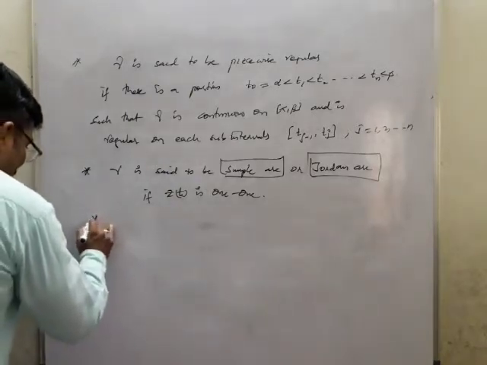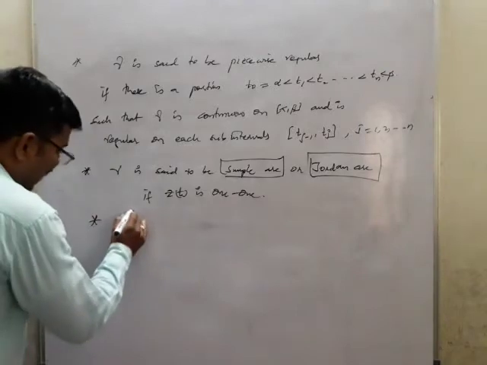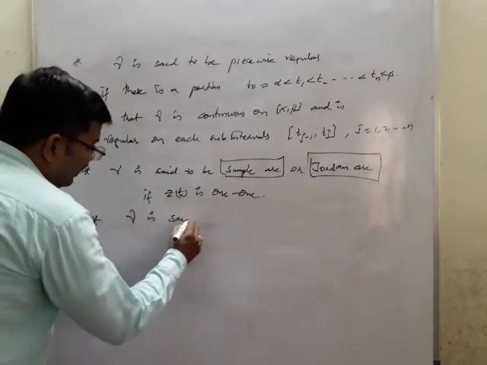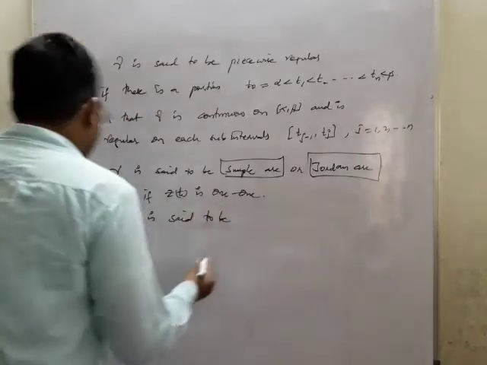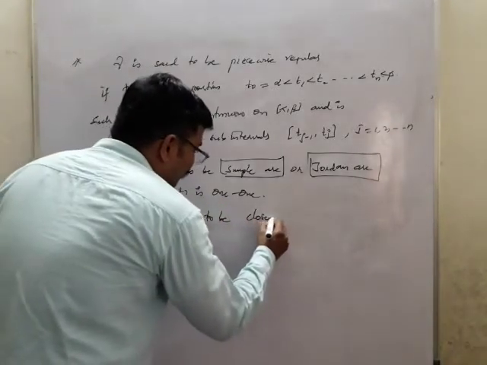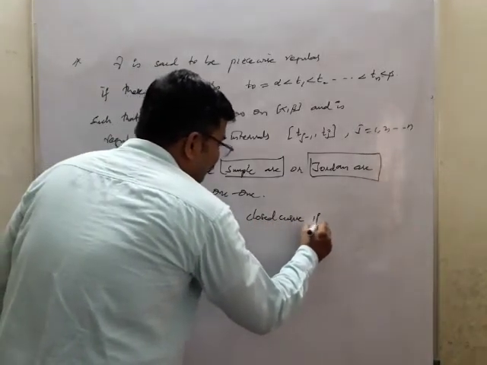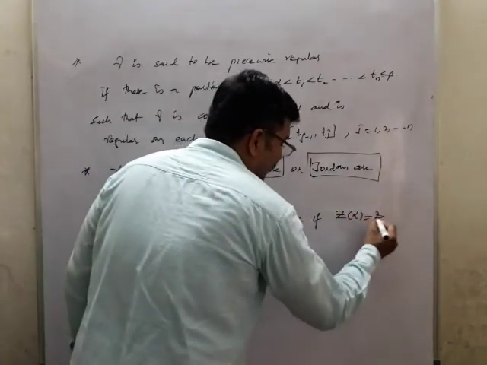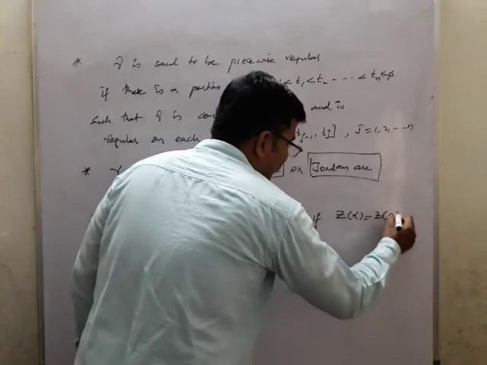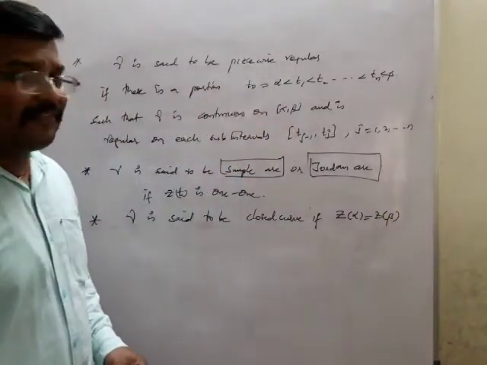There is another important point you can remember: gamma is said to be a closed curve if z of alpha is equal to z of beta, the two end points of an arc.